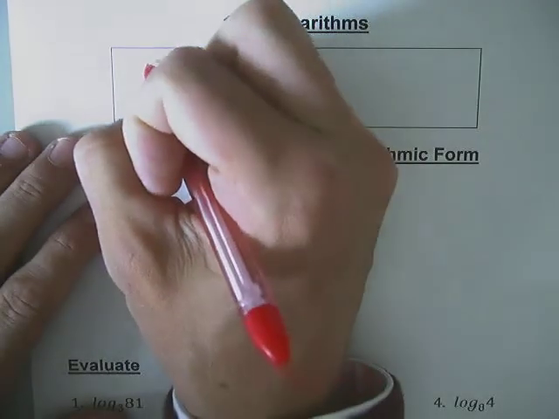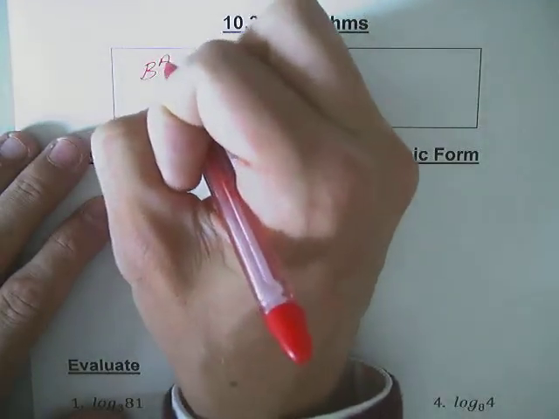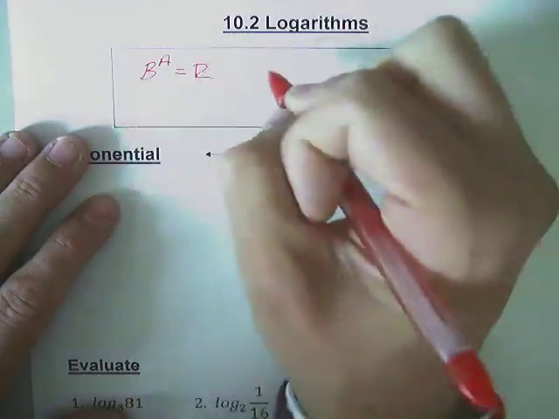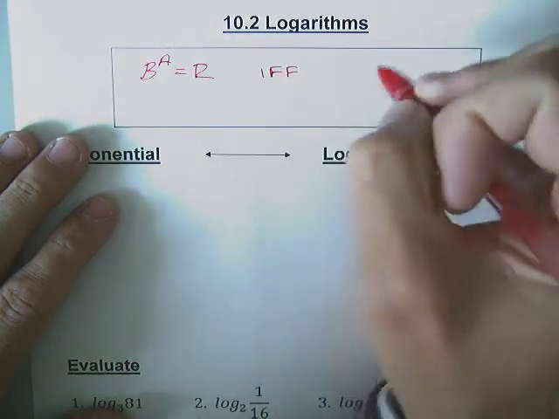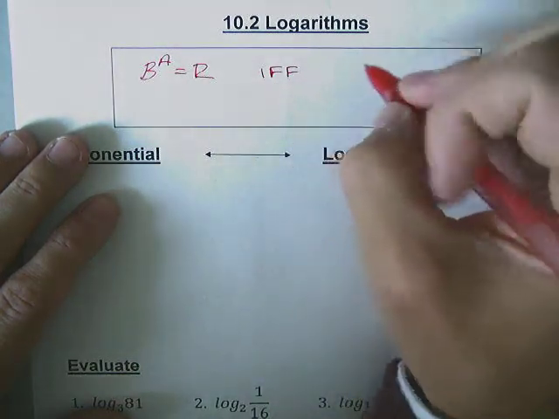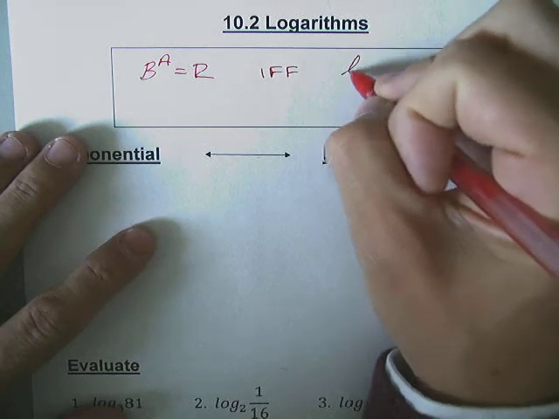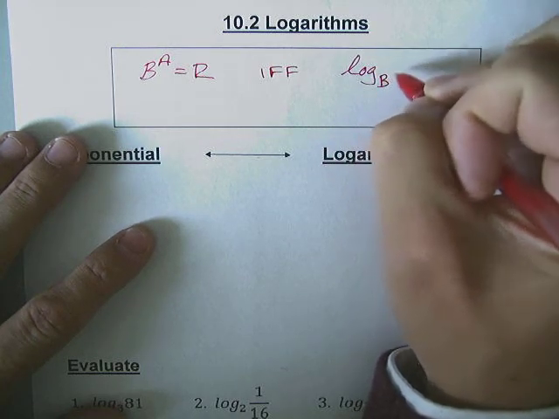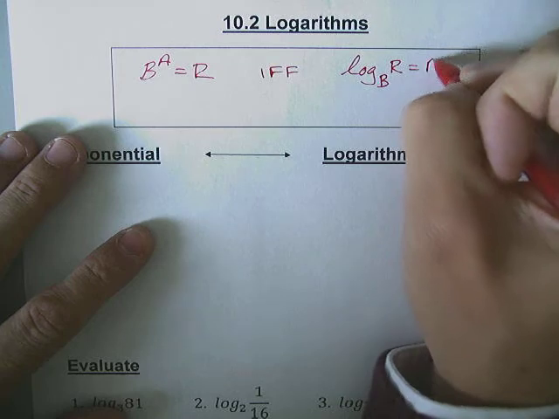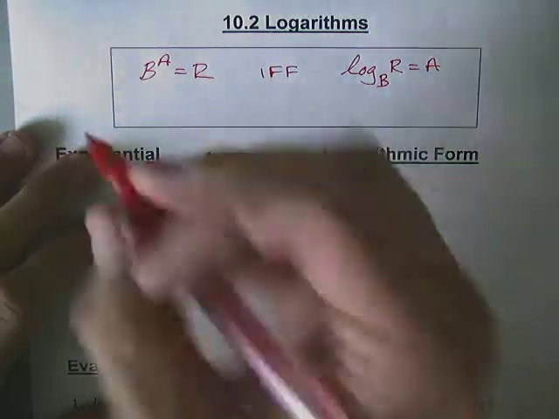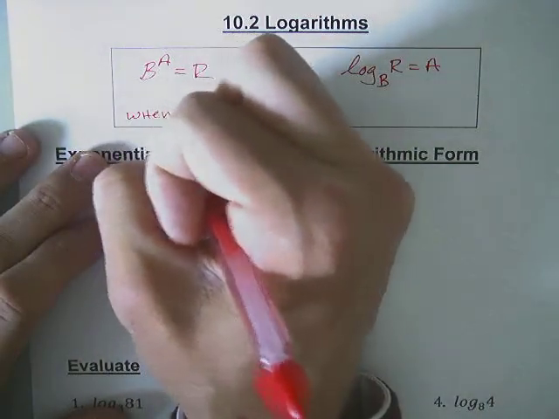And there's a rule here that we're going to put up, and that's going to say that b to the a equals r if and only if. It's a good geometry term right there. Log base b of r equals a.